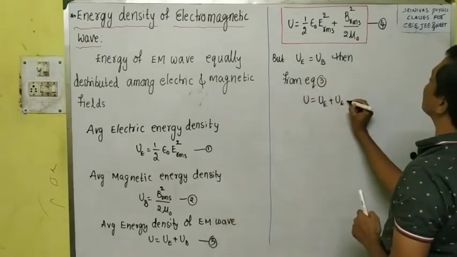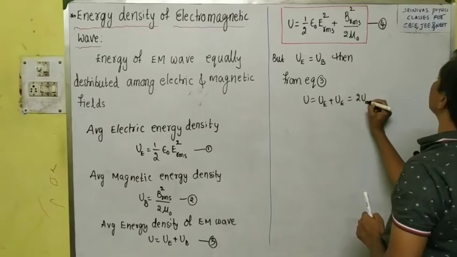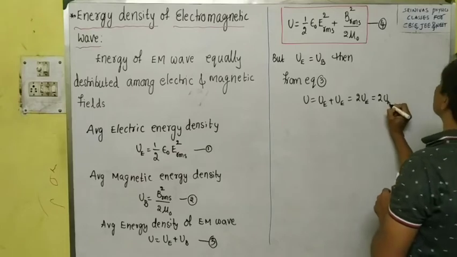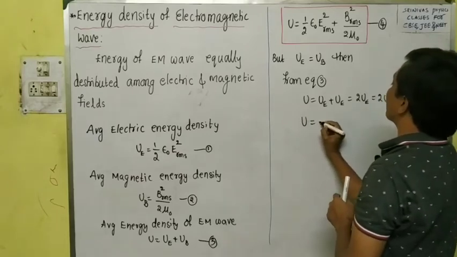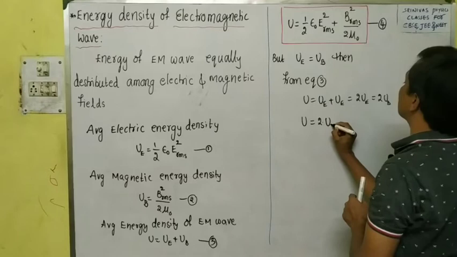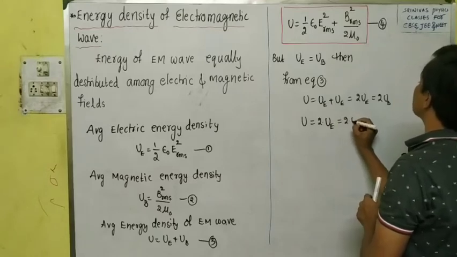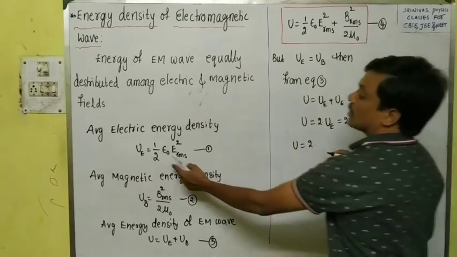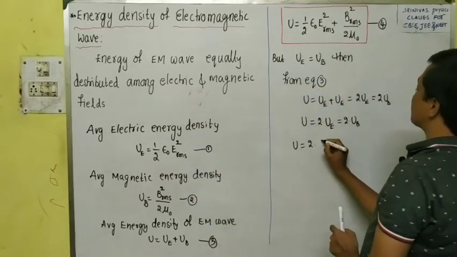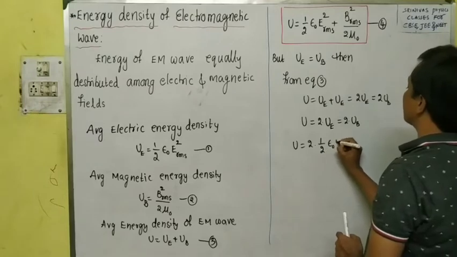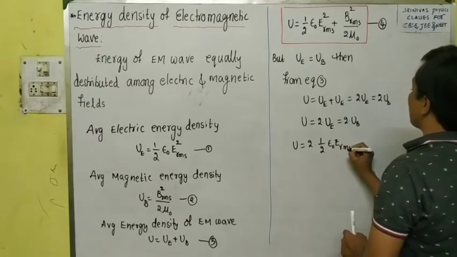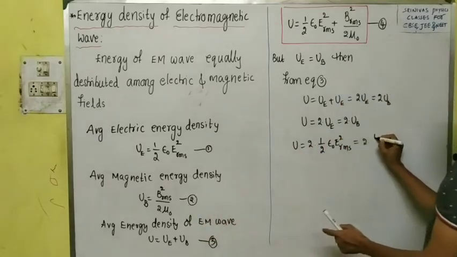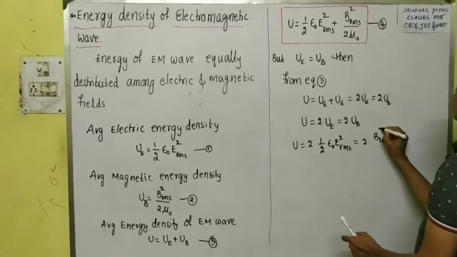So we write 2UE, or 2UB. That means the total energy density of electromagnetic wave is equal to 2 times the energy density of the electric field or 2 times the energy density of the magnetic field. We know the energy density in the electric field is half epsilon naught E RMS square, or 2 into UB, whose formula we know, B RMS square by 2 mu naught.